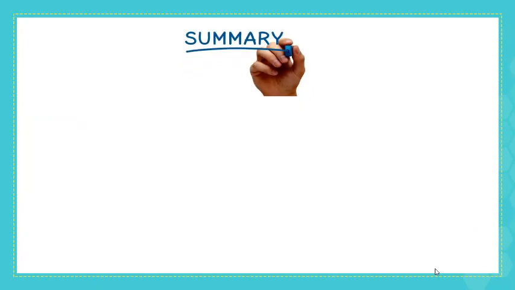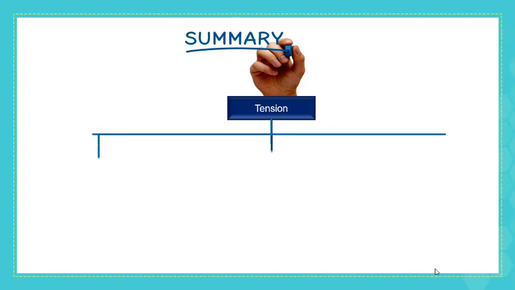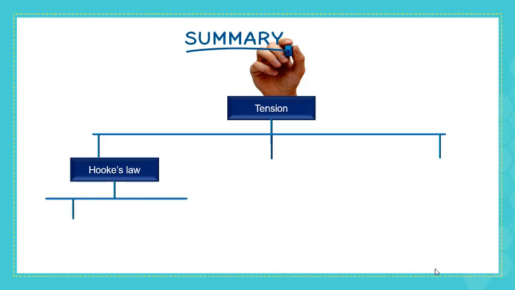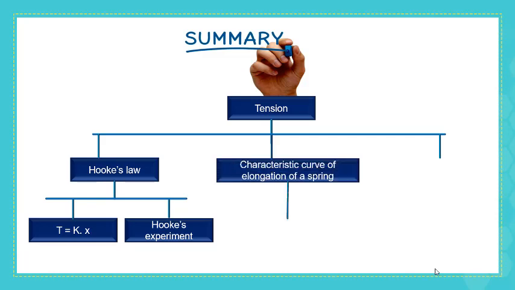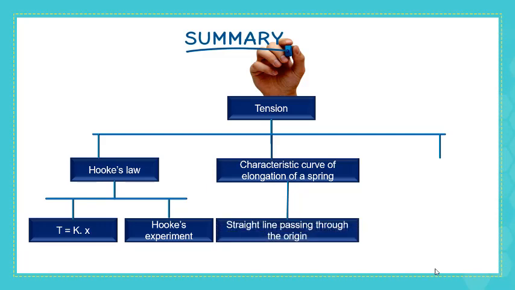Let's make a summary. We learned from the last two videos how to find the magnitude of the elastic force using Hooke's law, by applying this formula, T equals K multiplied by X. This formula is found using Hooke's experiment. Also, we studied the characteristic curve of the elongation of a spring, that is a straight line passing through the origin.